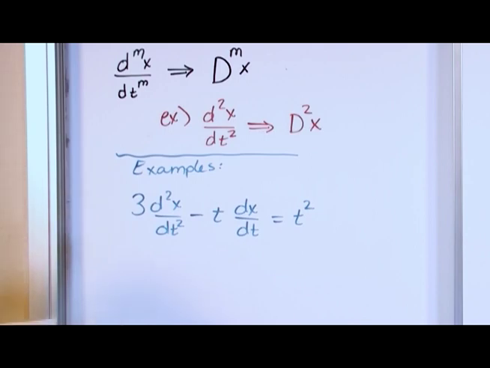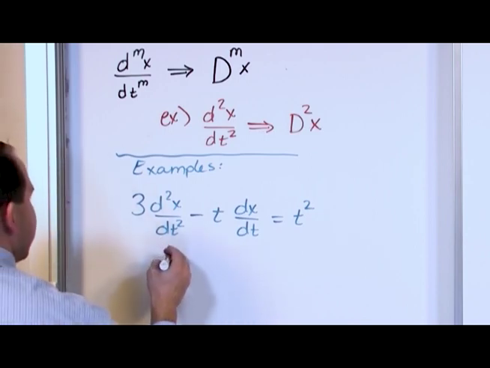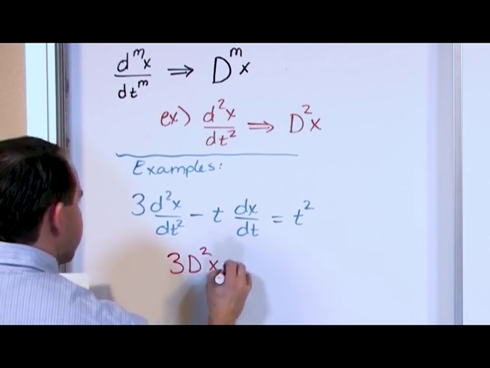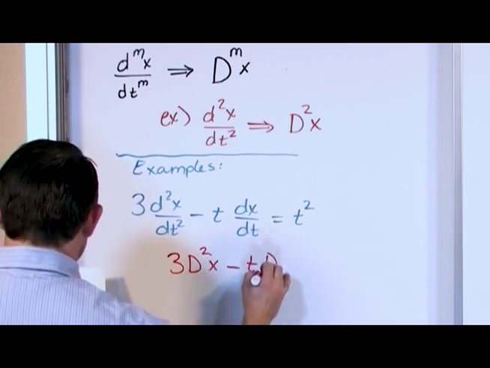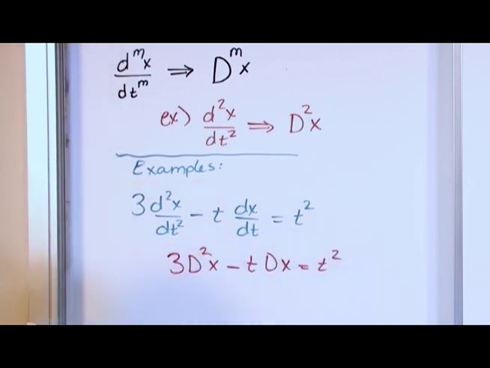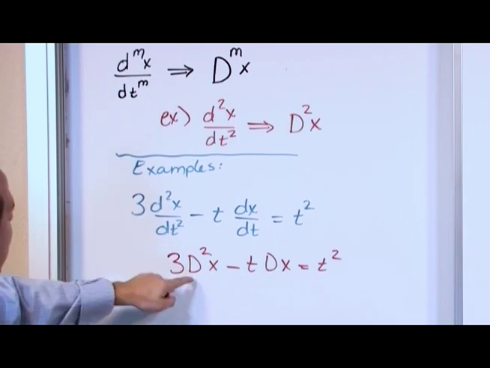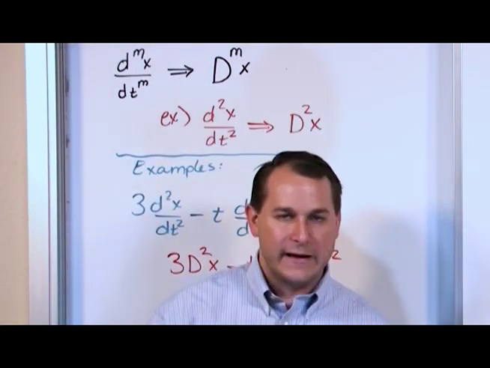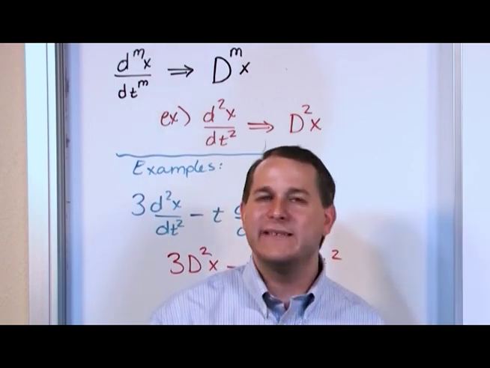Now, if I were going to write it in operator notation, it would be very simply 3D squared x minus t D x is equal to t squared. Make sure you understand this. The 3 is still here because it's there. The D squared means d dt, but second derivative. It doesn't mean square anything. I keep saying squared, but it's not squared.